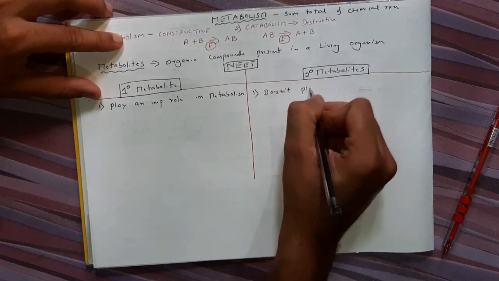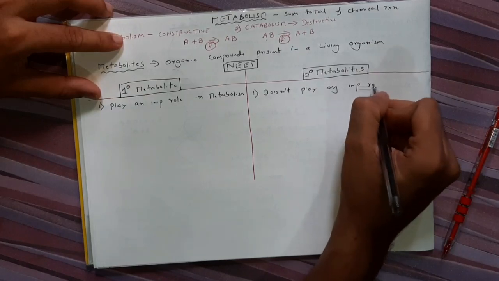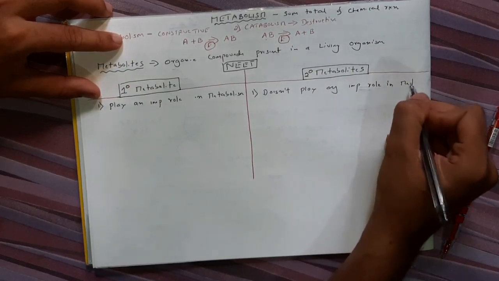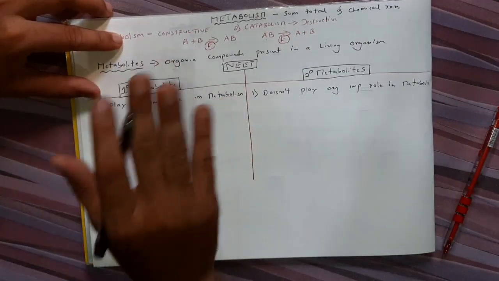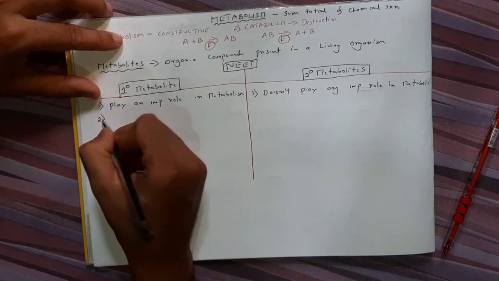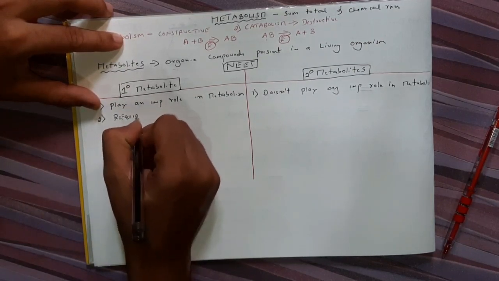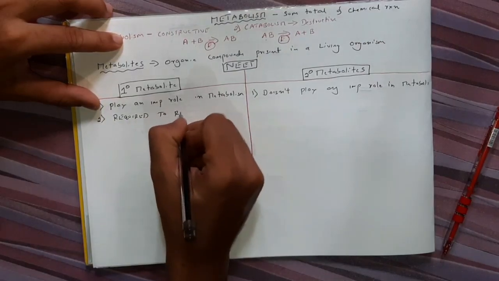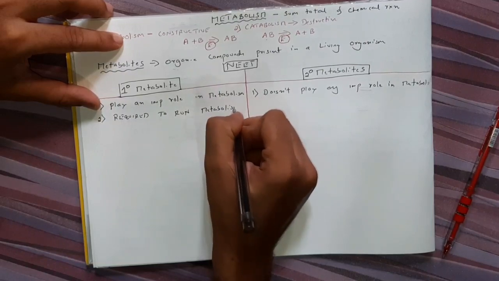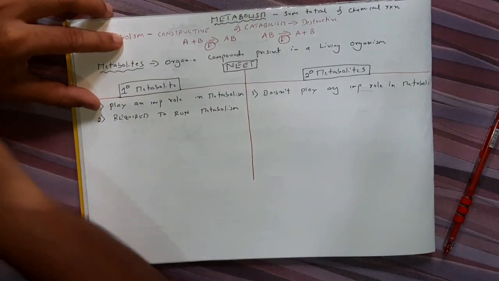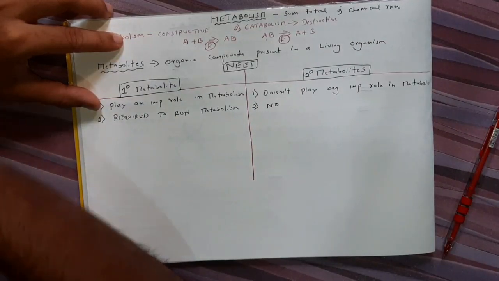They don't play any important role in metabolism. So this is the first point, you should know the difference. Okay, the second important difference is they are required to run any type of chemical reaction, that is nothing but metabolism. Required to run metabolism. Here, not required to run the metabolism.